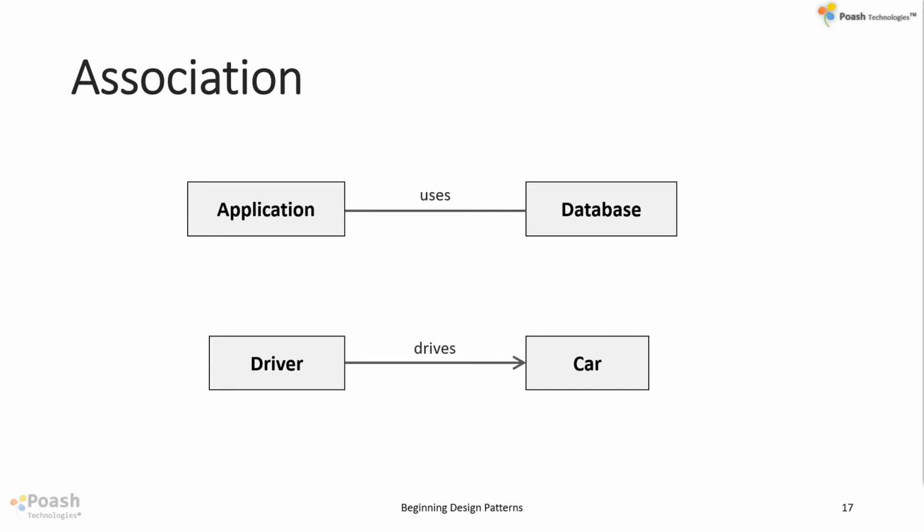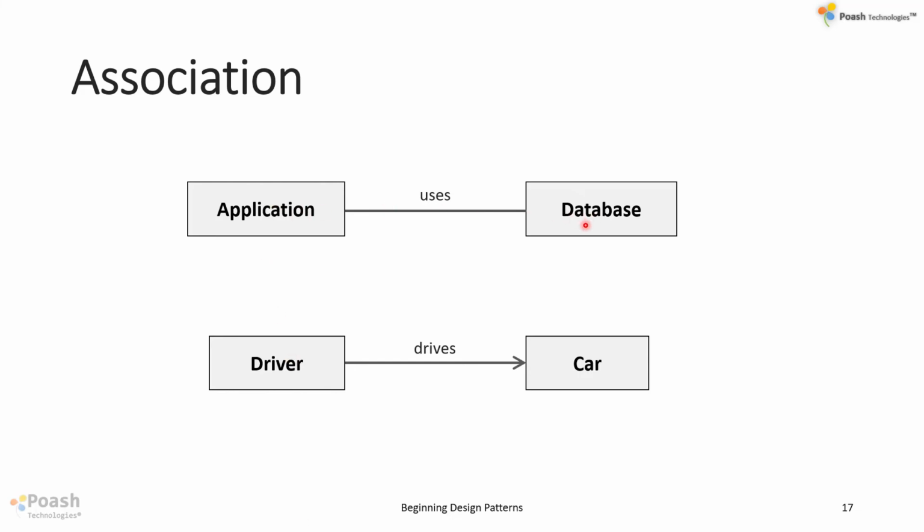Association is another form of relationship between classes and objects, and it is quite similar to aggregation. It simply represents a semantic connection between the classes. This means a class will use features of another class, and it will do so by containing a reference of another class. For example, Application uses the Database.